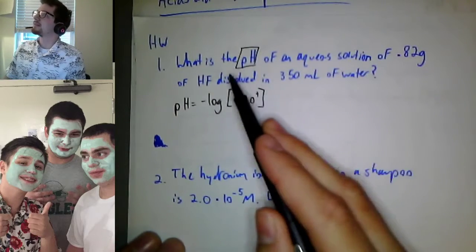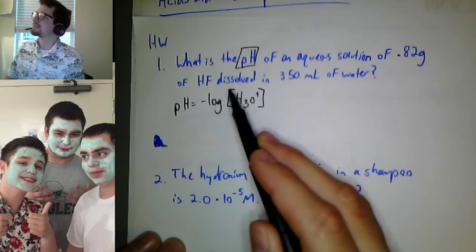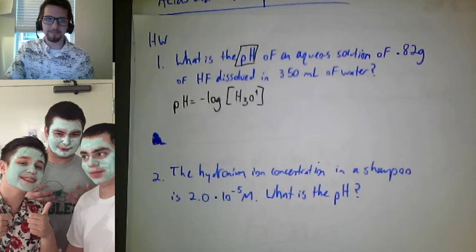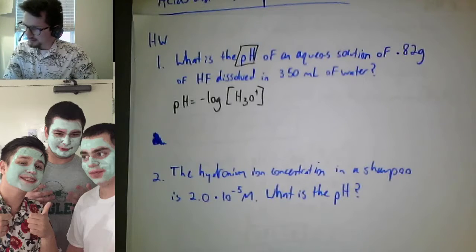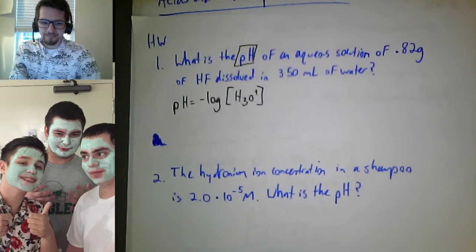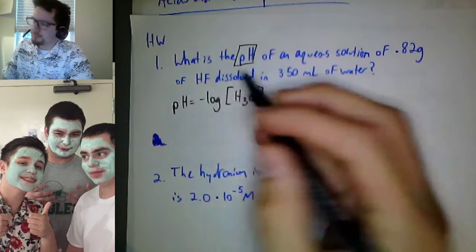Okay. What is the pH of an aqueous solution of 0.82 grams of hydrofluoric acid dissolved in 350 milliliters of water? So what that's asking us to do is to plug in our H3O plus concentration and then to solve it in the calculator with the negative log.